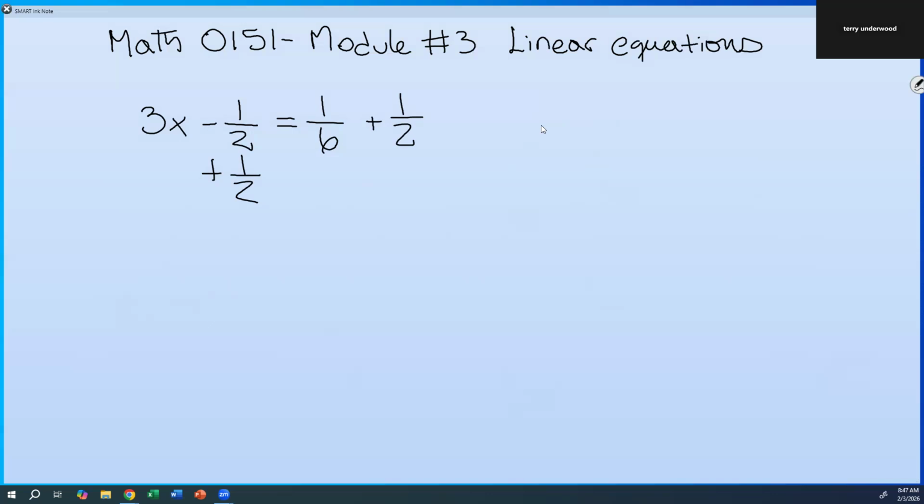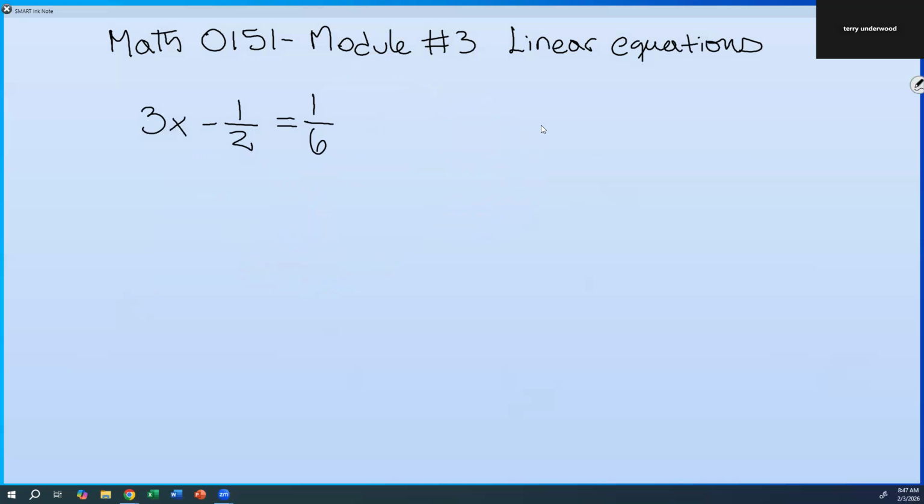But when you add or subtract, both have to have the same denominator, and they do not have the same denominator. So before doing all this, the first thing I will do is find my LCD or LCM, my least common denominator, or the least common multiple.